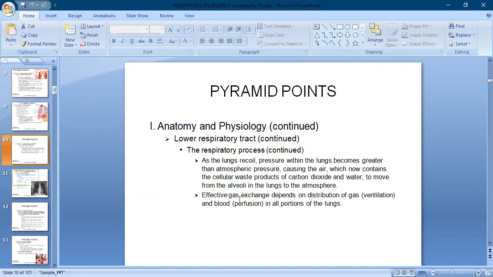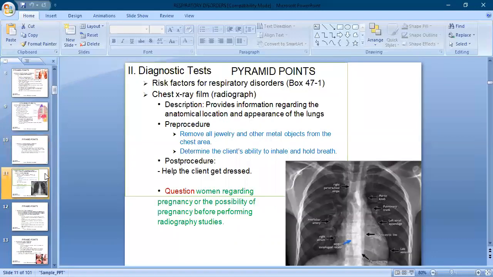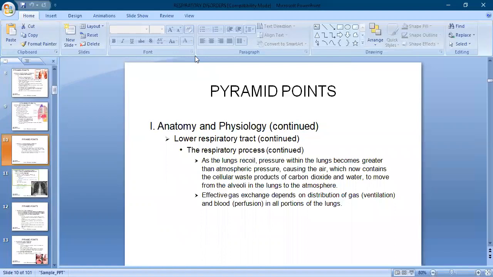Effective gas exchange depends on distribution of gas, right? So ventilation and perfusion. The NCLEX board sometimes asks about the mechanism of respiration: what kind of pressure do we need? Negative pressure.